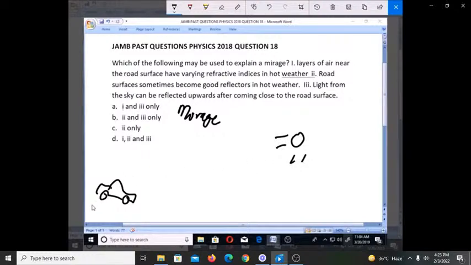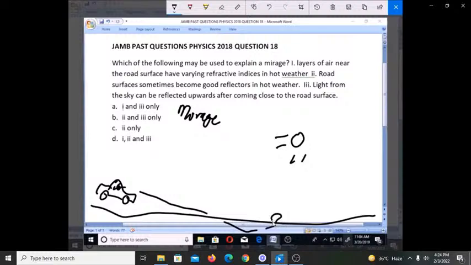Sitting inside your car, you look down and you see something that looks like a pool of water. But as you drive closer to that pool of water, you see that it disappears and you find it in another place. This very phenomenon is known as mirage.